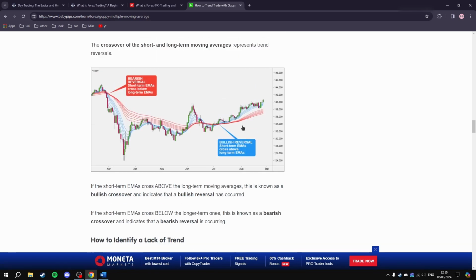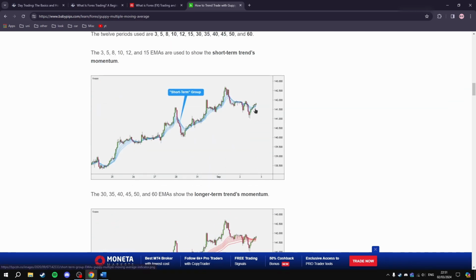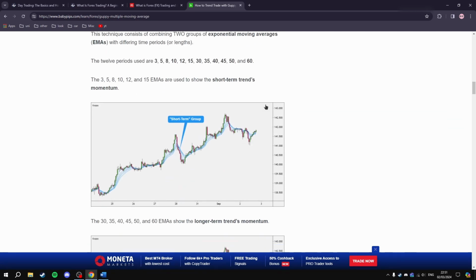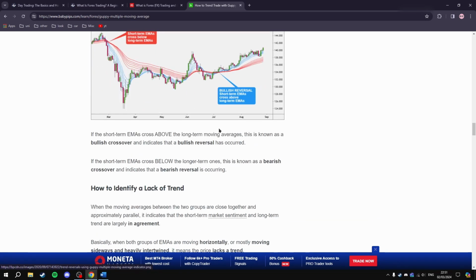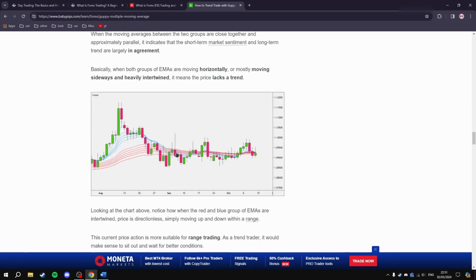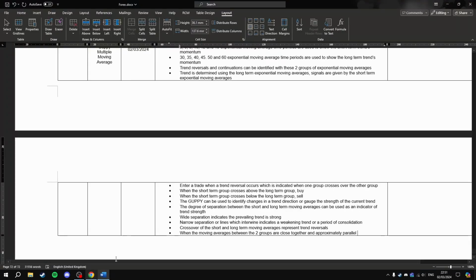So I guess that's not parallel really. Parallel is like these two lines, they're still traveling in the same direction. But I think parallel when they write here means they have to be flat basically. So approximately parallel, I'm just going to write flat here.